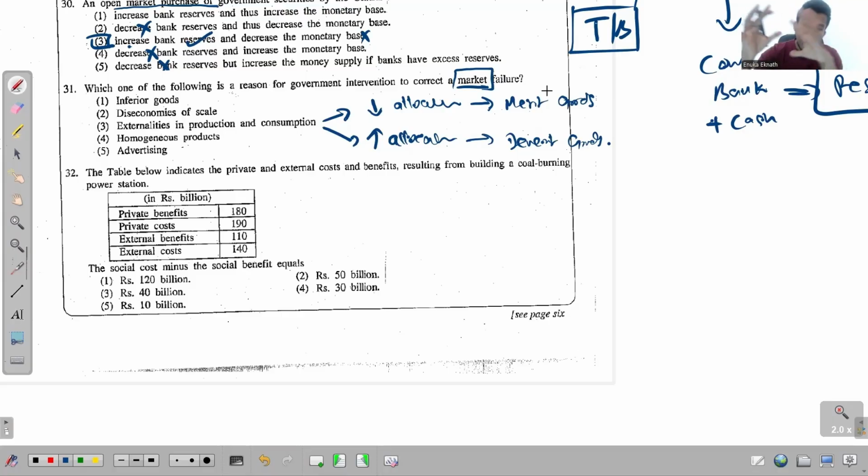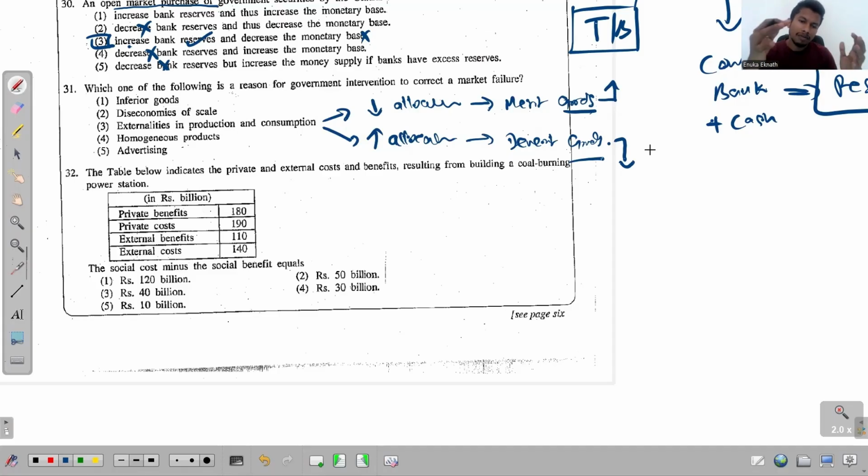Now, the government recognizes this as a market failure. So the market fails to recognize the external benefits and the external costs of these goods, so the government tries to provide more and more merit goods while trying to decrease, control the consumption and the production of these demerit goods.